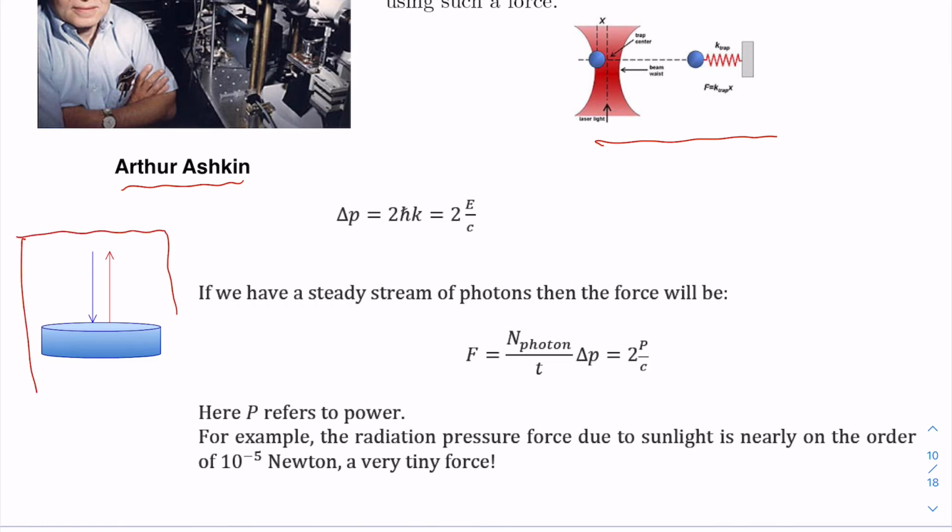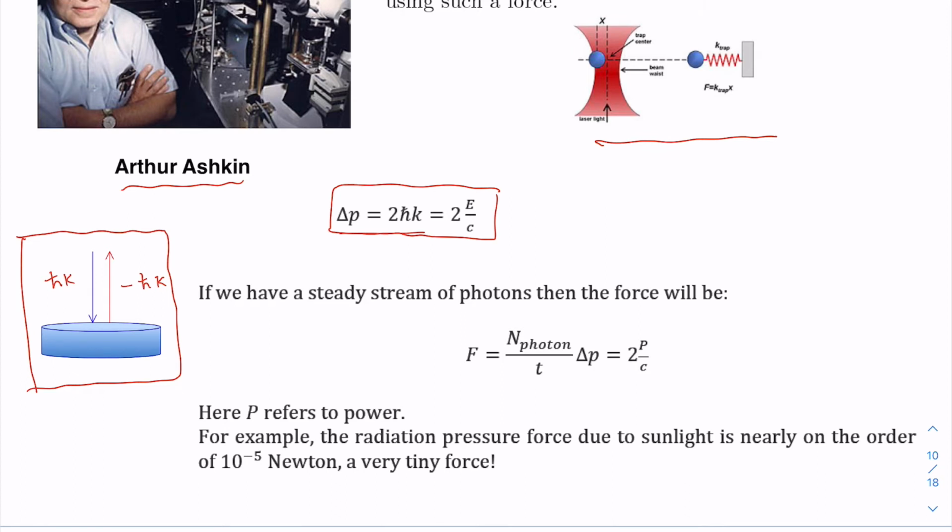Now, to understand the radiation pressure force, let us consider a typical setup like this. We have a mirror, and on this mirror a photon is getting incident. Say the photon has momentum ħk, and it is incident on this perfectly reflecting mirror. As it is perfectly reflecting, the reflected photon has momentum minus ħk. So as you see, the total change in momentum would be twice ħk, and thus the mirror is going to experience an overall momentum change given by this particular equation.